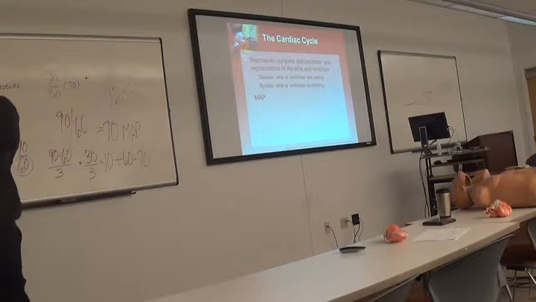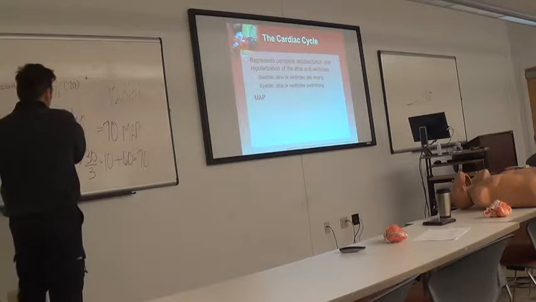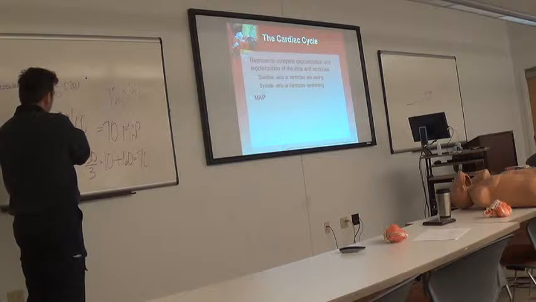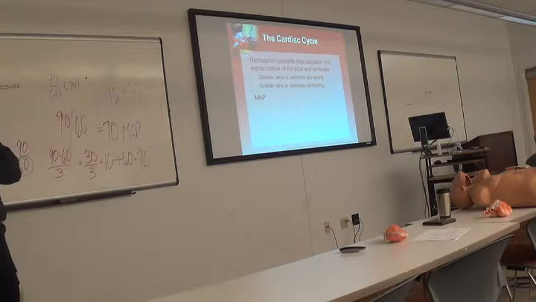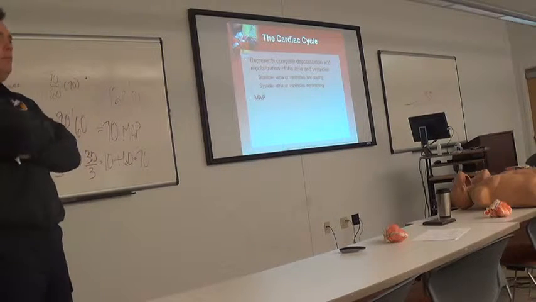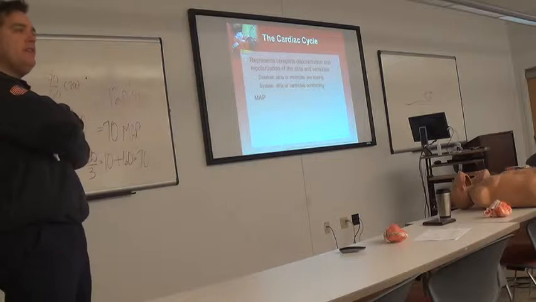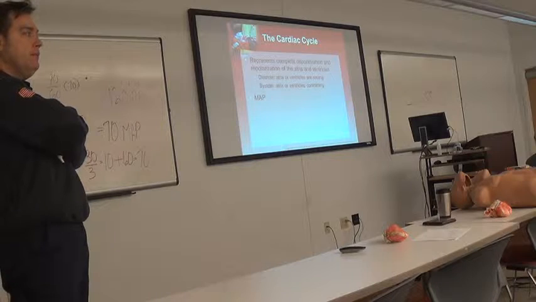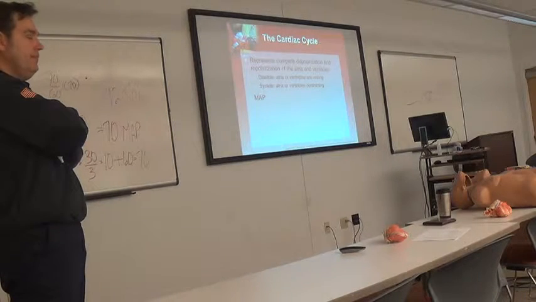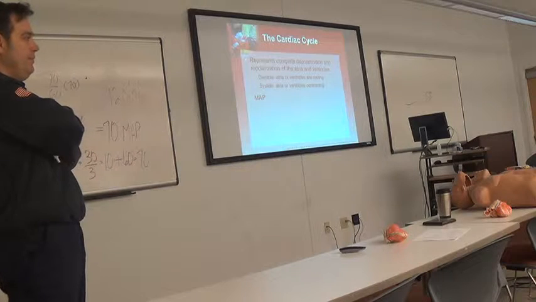Now, can I have a mean arterial pressure of 70 or below with higher numbers than 90 over 60? Yeah, if the difference between the two pressures is not very great.